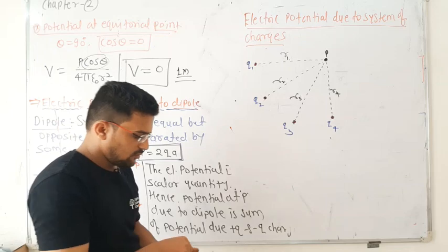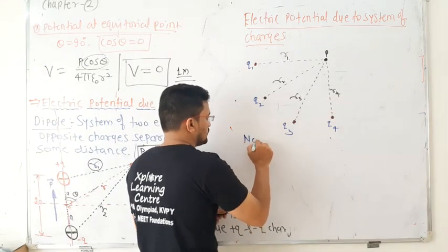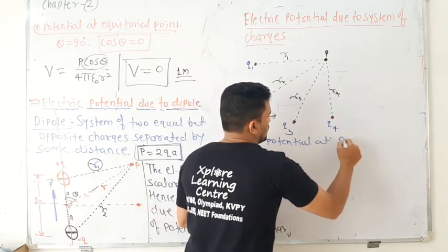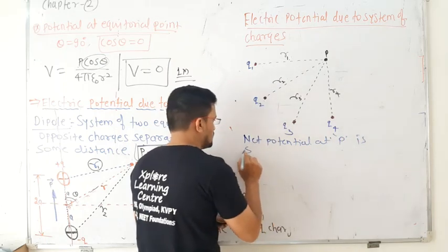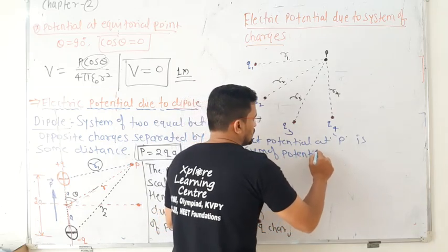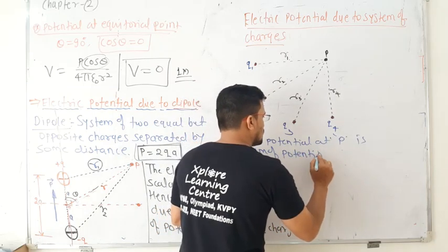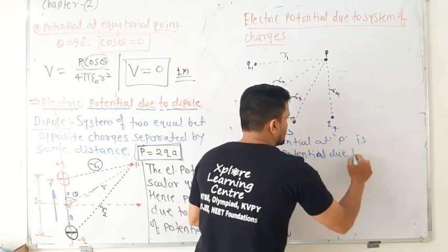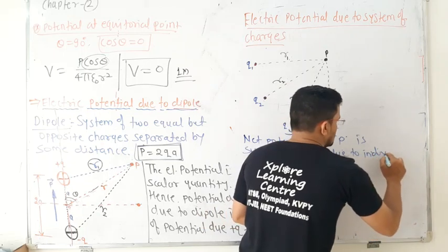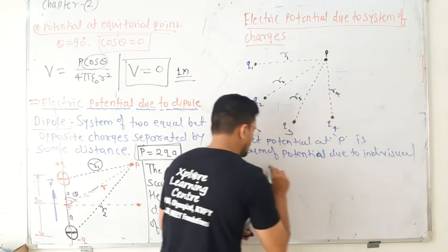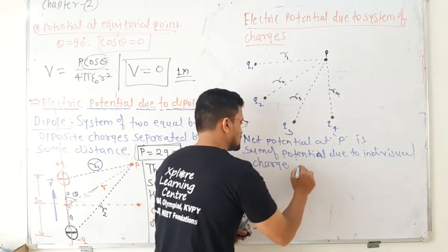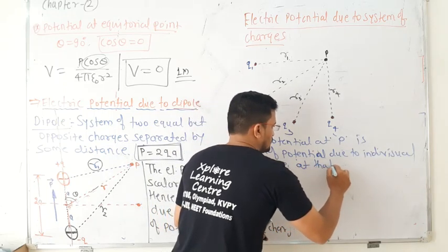Now the net potential at P is the sum of the potentials due to the individual charges at that point.